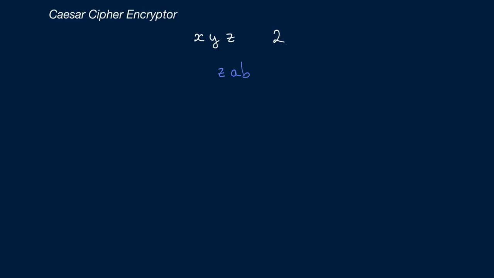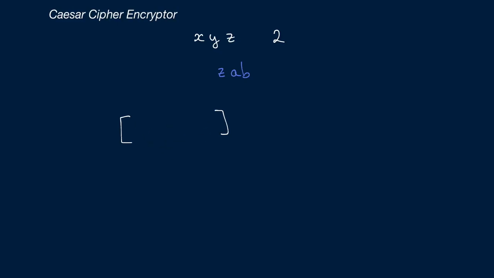Well, first of all, the pretty straightforward thing to do is to create an array, and this array is going to contain all of our new letters. And so you iterate through the input string, in this case XYZ, and at each letter, right, you call another function or you apply some kind of formula that'll shift that letter by the key, get a new letter, and then throw that new letter in this array, right?